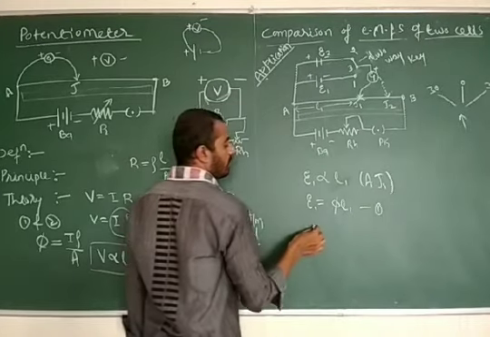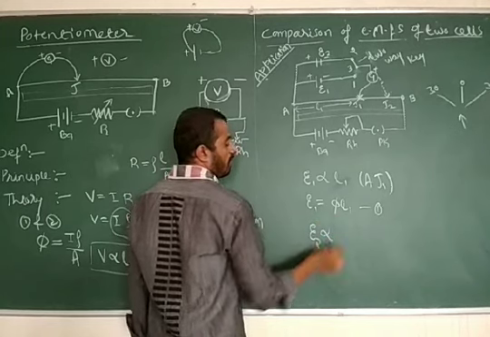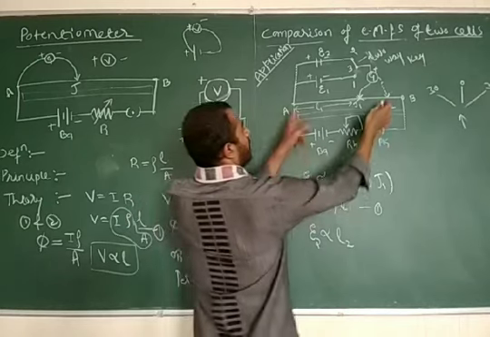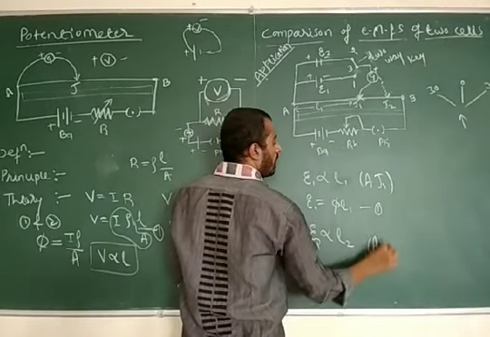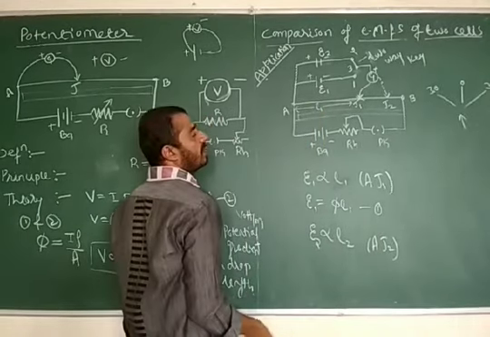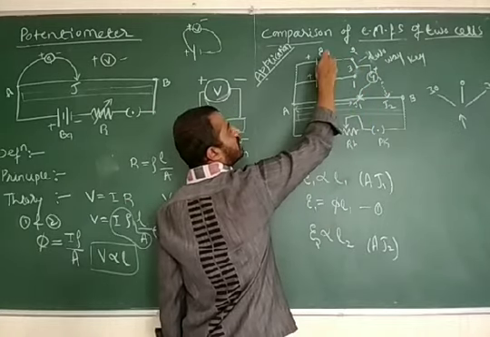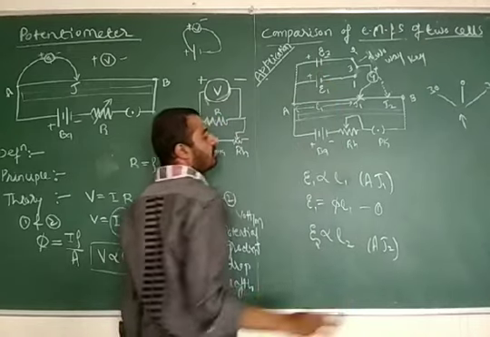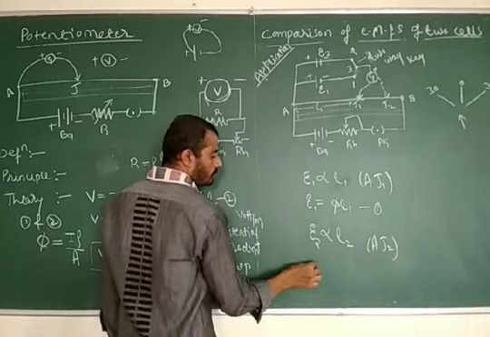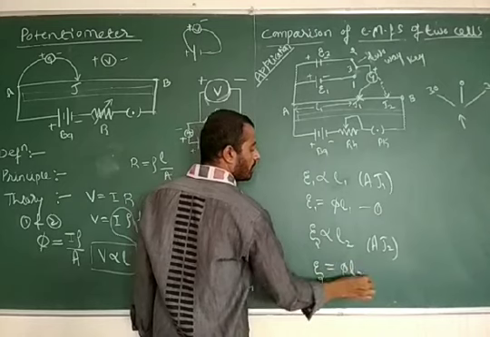Now this balancing length, when the second cell is made active, EMF E2 of the second cell is directly proportional to L2, the balancing length from A to J2. At that point the galvanometer shows zero deflection again, but now the second cell is active and the first is inactive. Current is due to the second cell now. That's why this can be written E2 is equal to phi into L2.